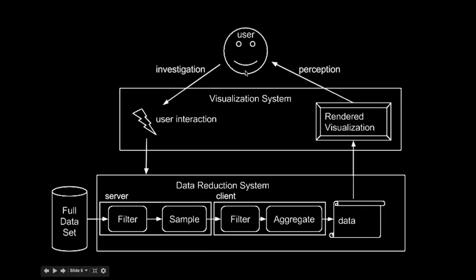What we really want to achieve is this feedback loop, where the user ultimately gets access to the full data set, but through a system where the data gets reduced and then fed into the Chiasm runtime environment. The user perceives that visualization and then takes some action to change the representation of what they're seeing. Then you have this feedback cycle of insight generation. That's the idea.